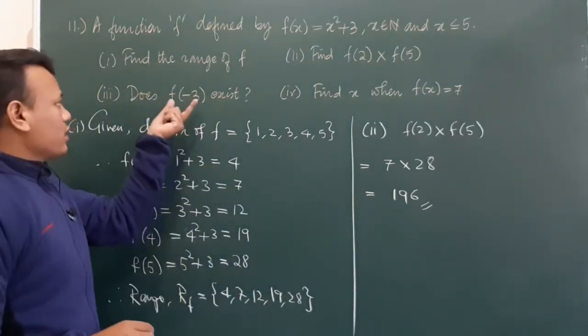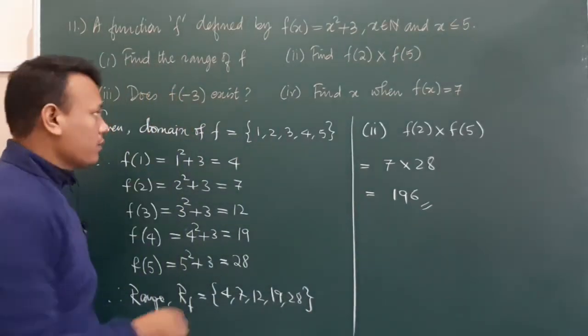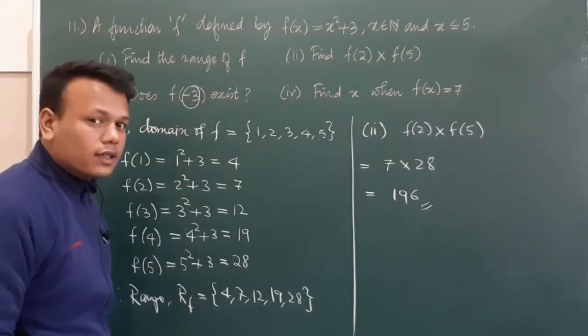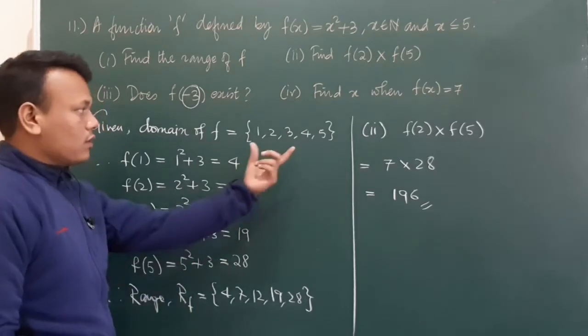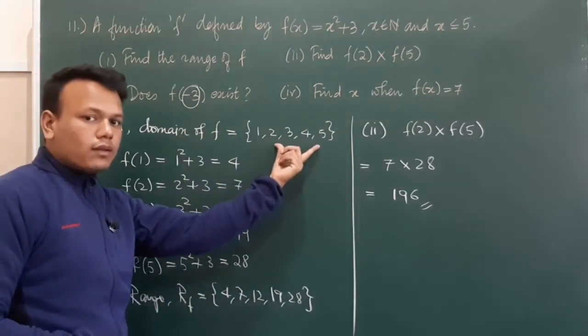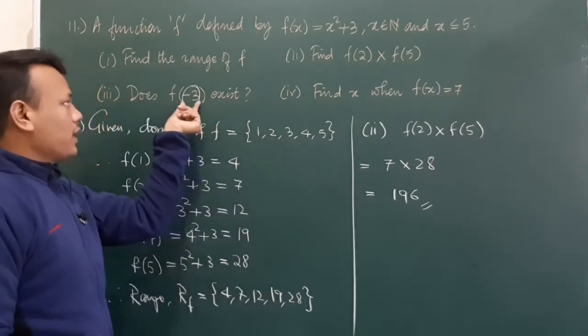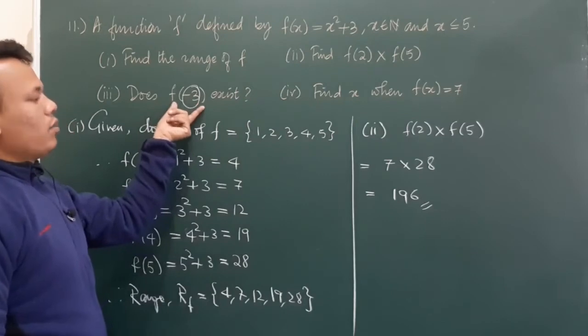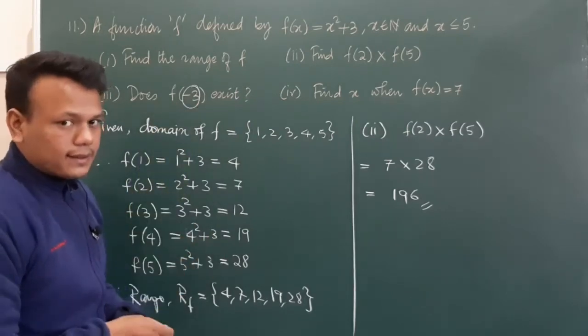Third one says, does f of minus 3 exist? That means, what is the value of x here? The value of x is minus 3. That means, this minus 3, is this included in the domain? No, right? So since minus 3 is not included in the domain, that's why f of minus 3 does not exist. Alright.